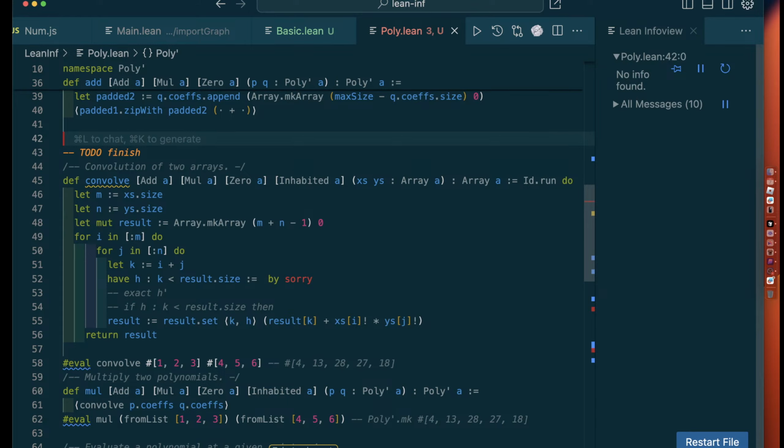You put it after of fun. You can say something like get.